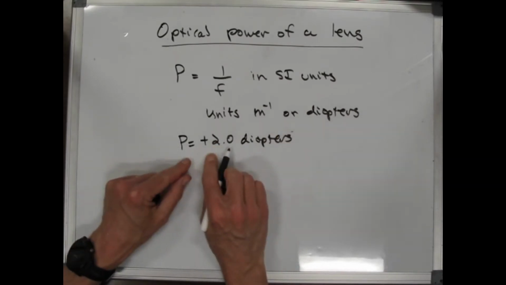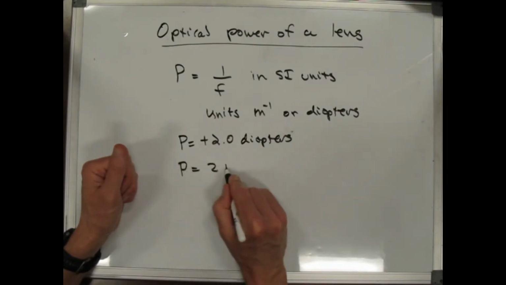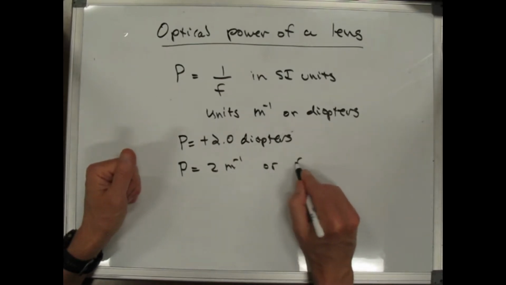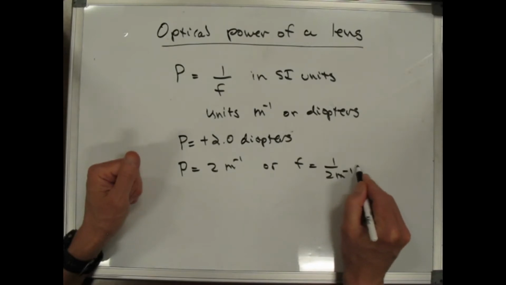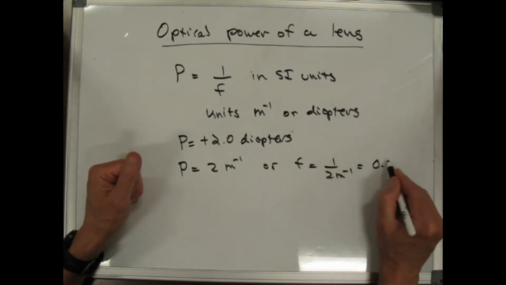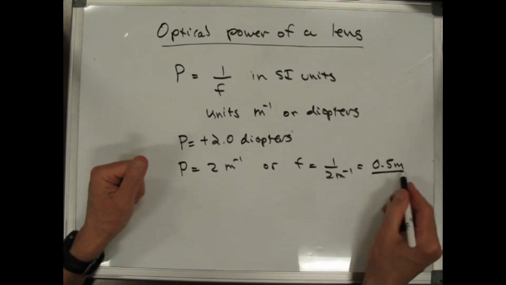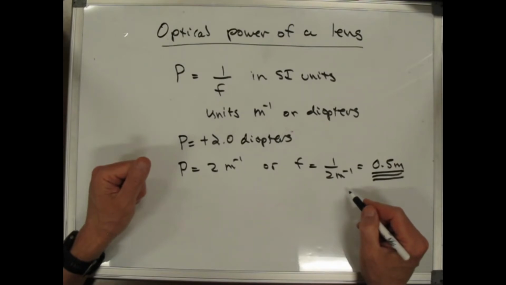And so that means the power is 2 inverse meters, or the focal length is equal to 1 over 2 meter inverse, or 0.5 meters. And so you can see this is a converging lens because it's got a positive focal length, right?